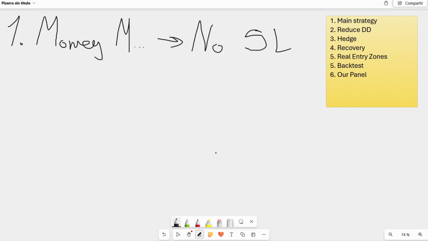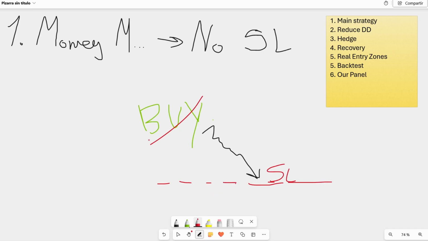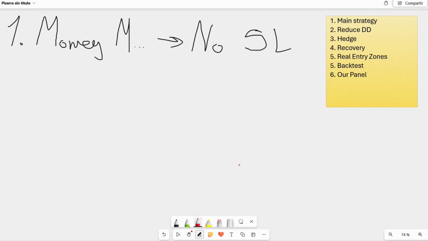If I open a buy trade and the price just goes down, and this is my stop loss, and I close this trade, guess what happened? You cannot manage anything because you just closed this trade. So that's why in Trading Suite our team uses a different strategy and a different technique. So just keep with me with this.